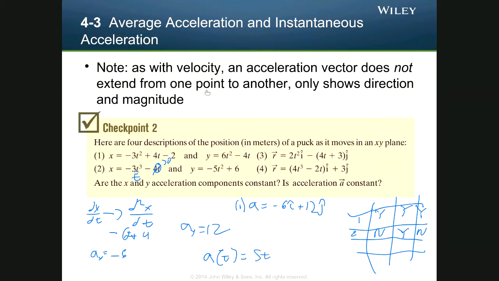Just remember, they're all polynomials, so we can look at the highest degree of the polynomial. If it's greater than 2, you won't have a constant acceleration. If it's 2 or below, you'll have a constant acceleration.